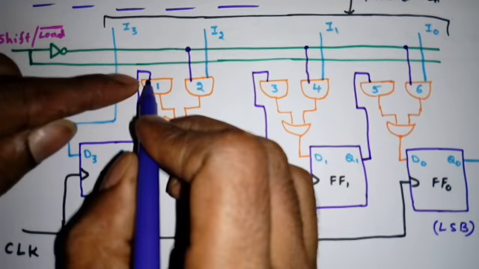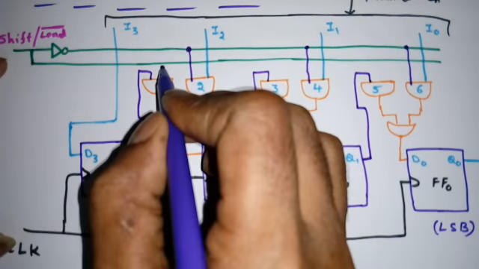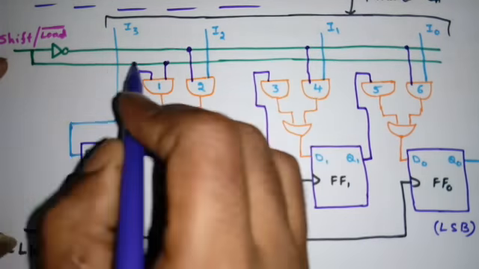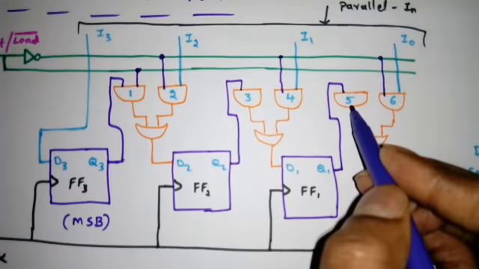Now this Q3 is here. Then depending on the select line, when S is equal to 1, this should be selected. So that's why this shift or load bar should be connected to the input of the first AND gate, third AND gate and fifth AND gate.